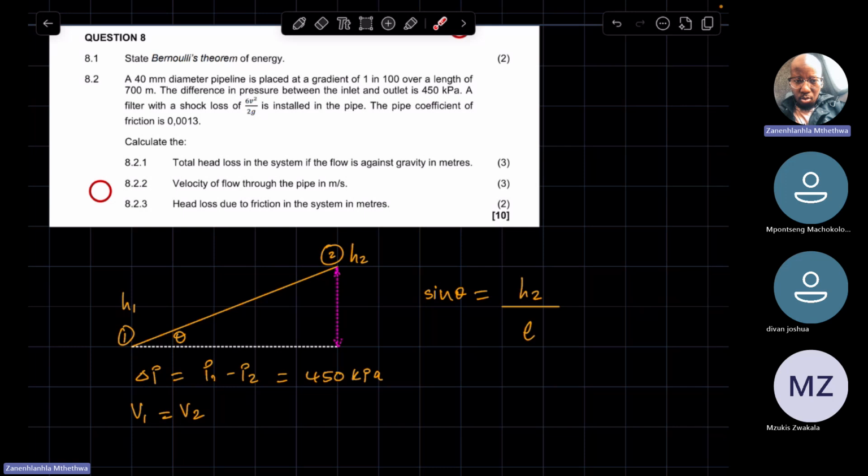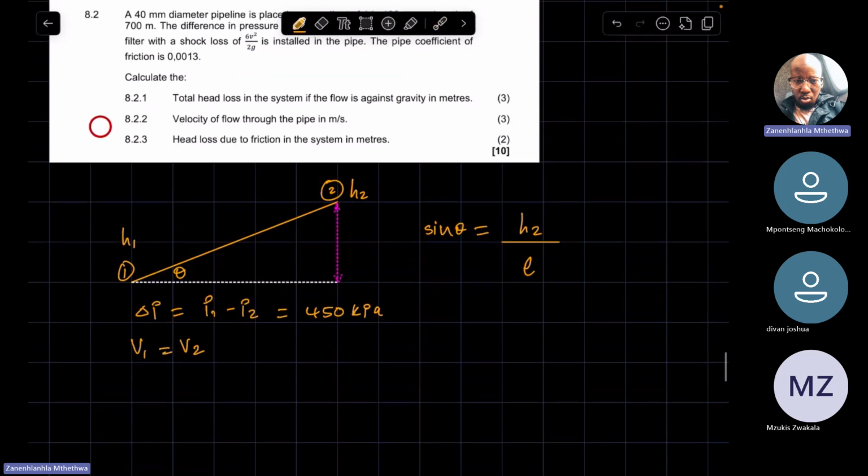Right. Now, sine theta, if the angle that the pipe is laid at is small enough, sine theta is equal to tan theta, right? And based on the gradient being 1 in 100, it suggests that the angle is very small, which means sine theta can be replaced with tan theta, and tan theta represents the gradient.